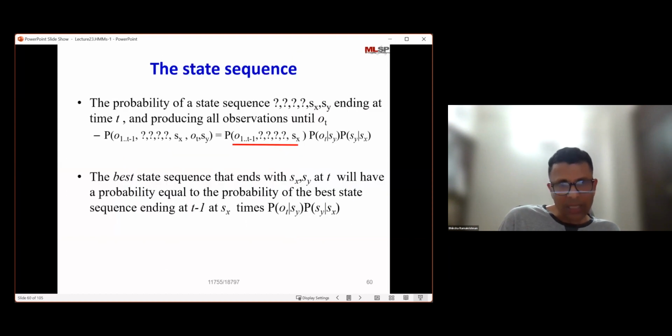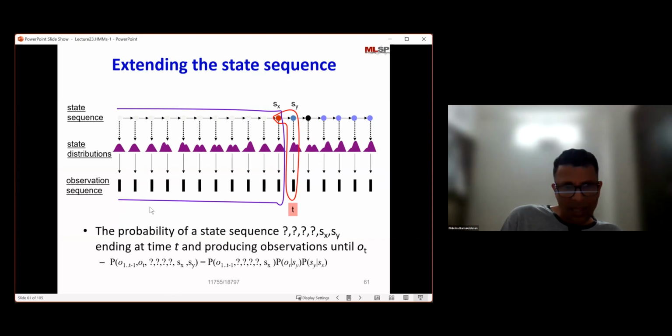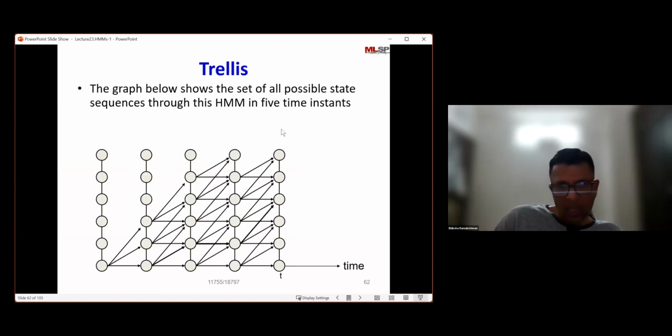All right. So basically, here's what we're saying. The probability of the state sequence Sx, Sy ending at time t and producing observations until OT is simply the product of the state sequence within the purple box times this extension, right?